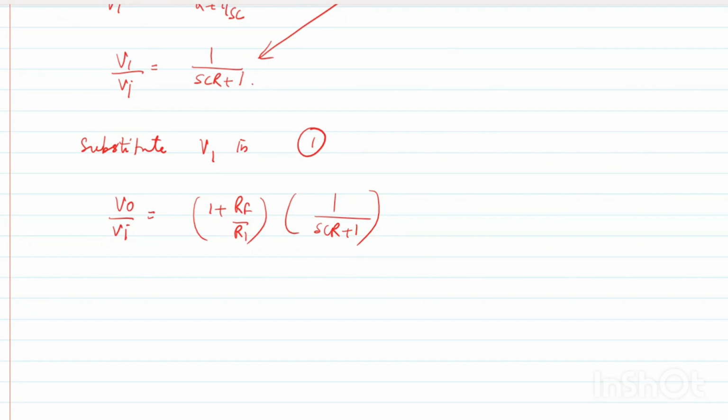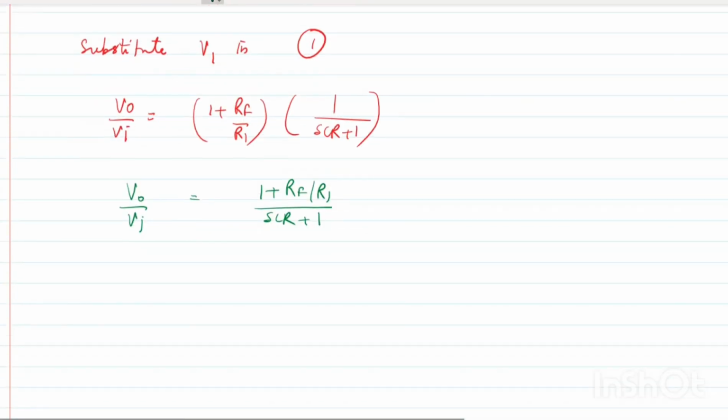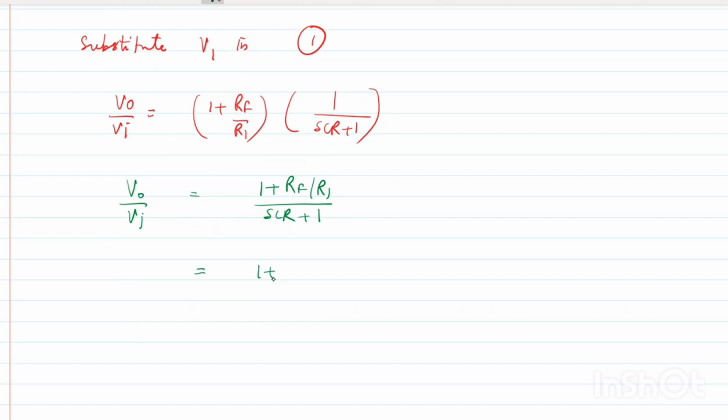Now, let us see what is VO by VI finally. So this is 1 plus RF upon R1 upon SCR plus 1. Right? Now, I'll write this as 1 plus RF upon R1 is the gain. इसको अगर हम ऐसा लिखें upon j omega upon omega h, because we want the cutoff frequency.